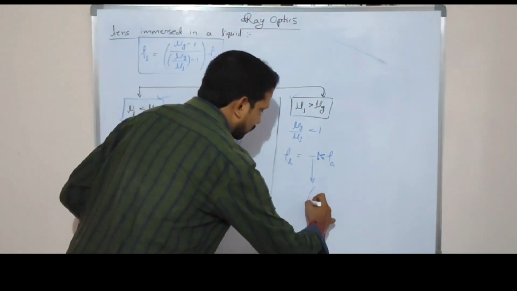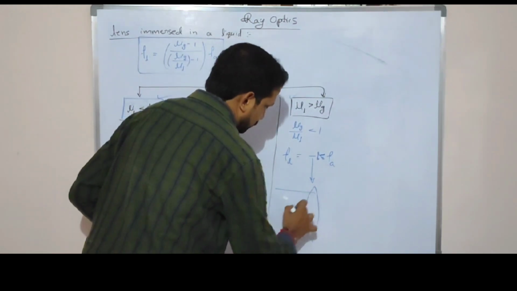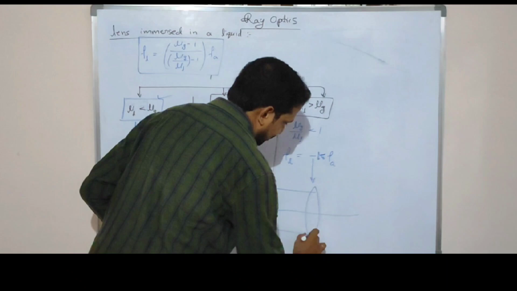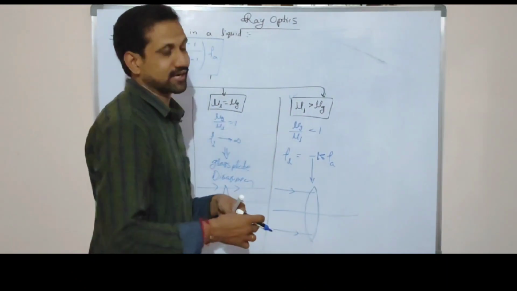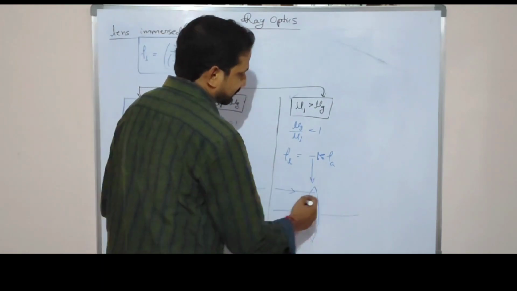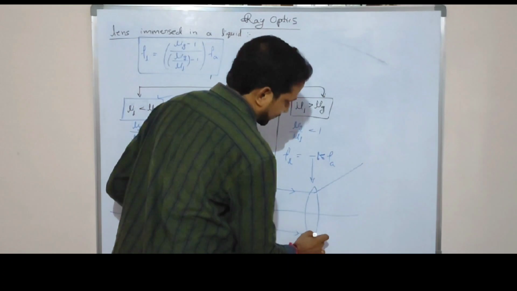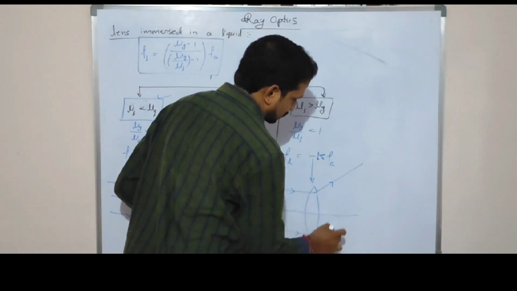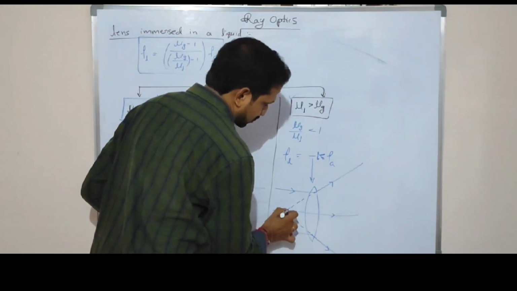If I draw the diagram, it will be diverging the rays. Actually a convex lens has to converge the light rays in air, but it is in a liquid having greater refractive index than the glass, so it will diverge the light rays like this. Okay, so this is the focal length.